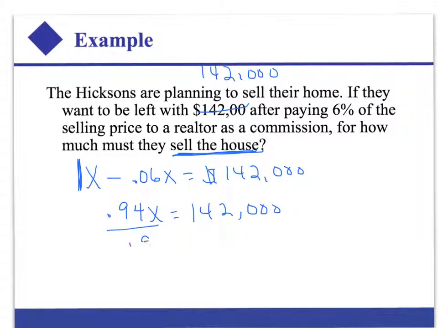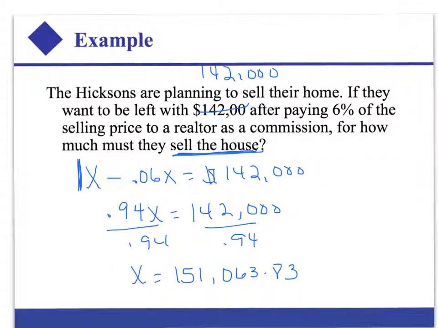We're going to divide by 0.94. So x equals $151,063.83. So that's what we want to do.